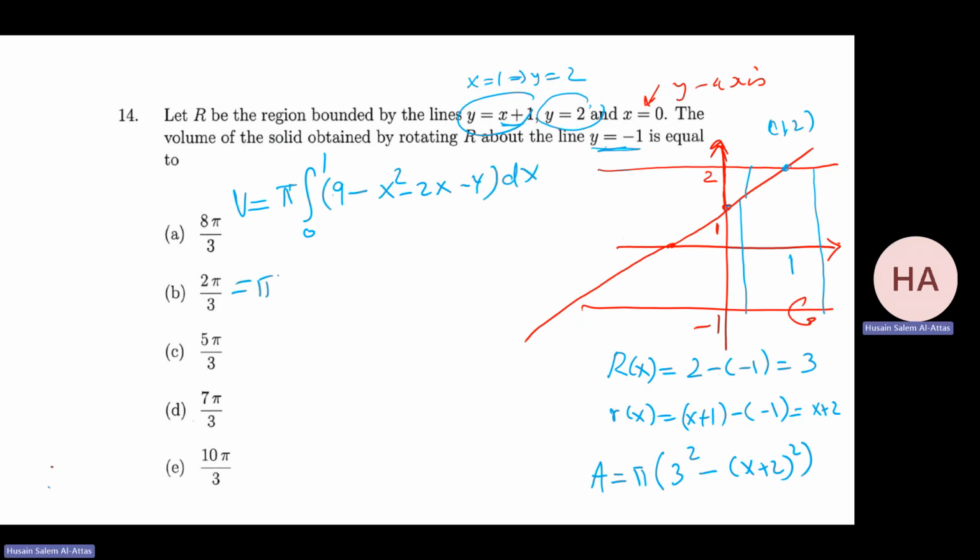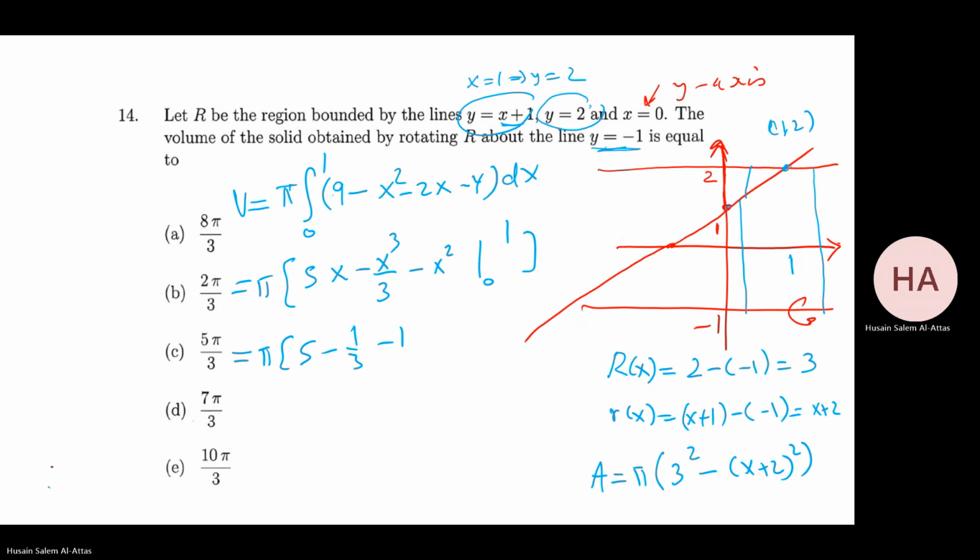So that will be pi times, what is this? 9 minus 5x minus x cubed over 3 minus x squared, from 0 to 1.